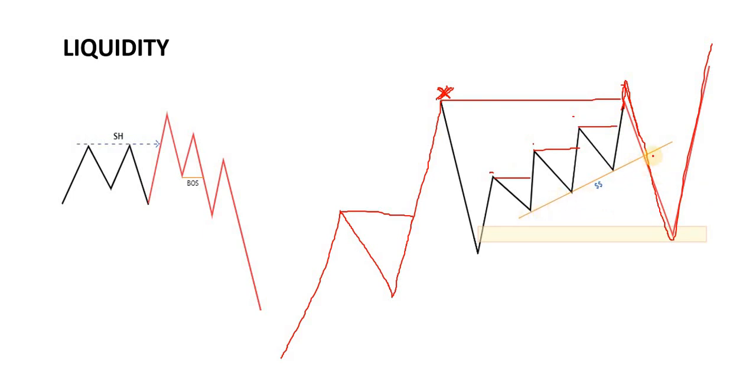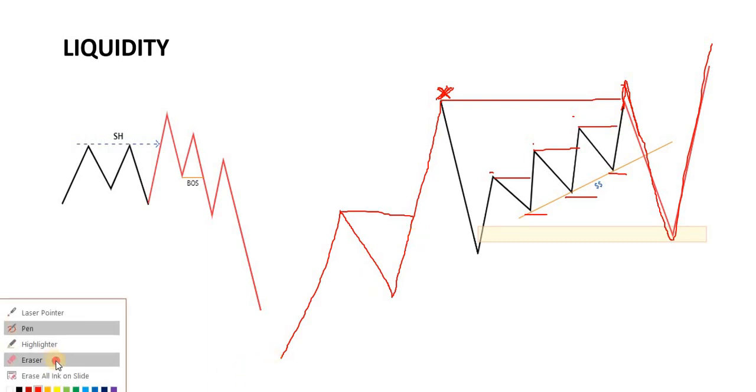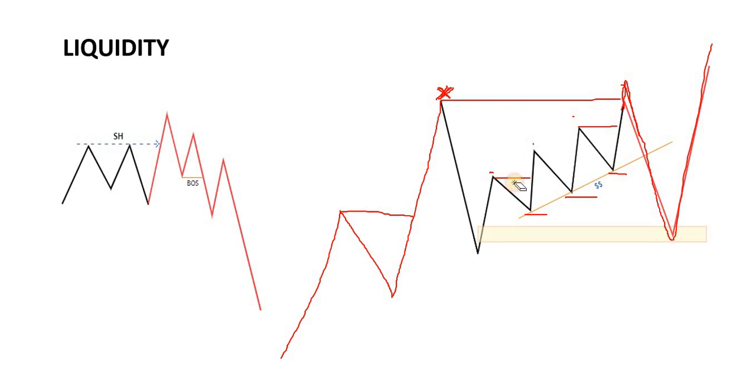When you see a trend line like this forming, just know that very soon, all this liquidity, all the stop losses, sell stops that are here will be cleared by this move. So this is what we call the trend line liquidity.